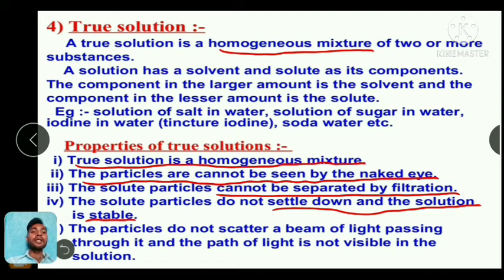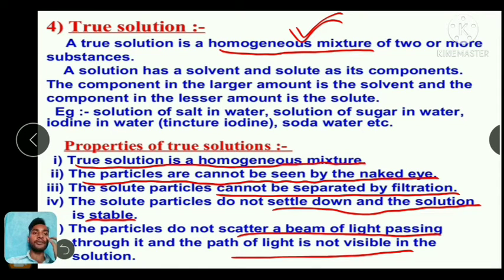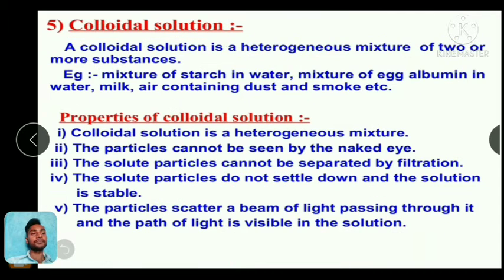When you pass a beam of light, you will not notice any visible path of the light. All the properties are similar to homogeneous mixtures, so if you recall them, there is no need to focus on them again.